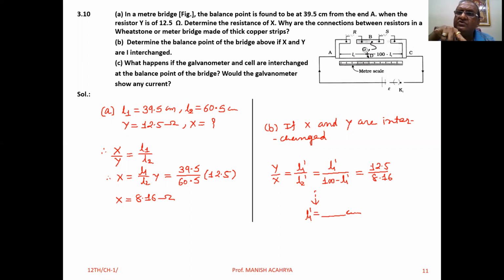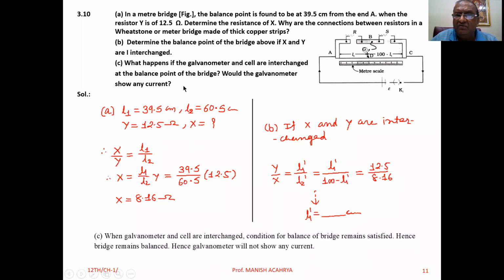So if we interchange, then also the balancing condition will remain the same. So there will be no change in the null position or balancing position. If the balancing position remains the same, means the bridge remains balanced, it implies that through the galvanometer, no current will flow. Clear to all of you?